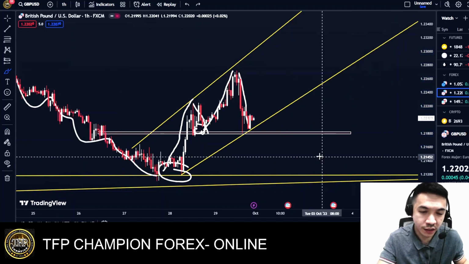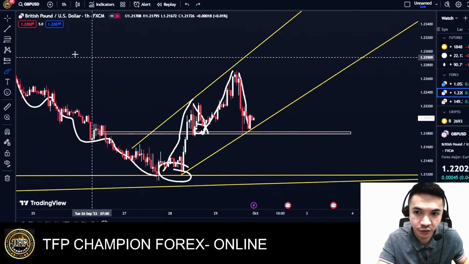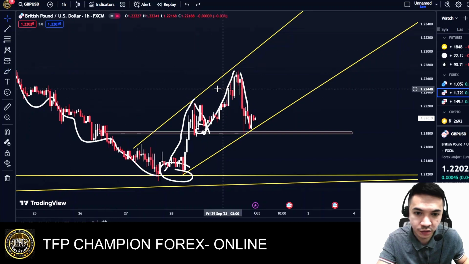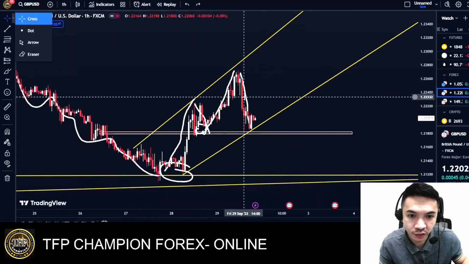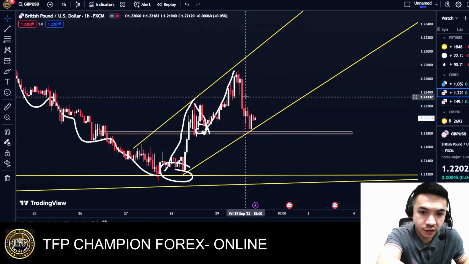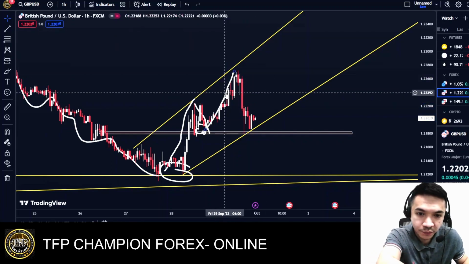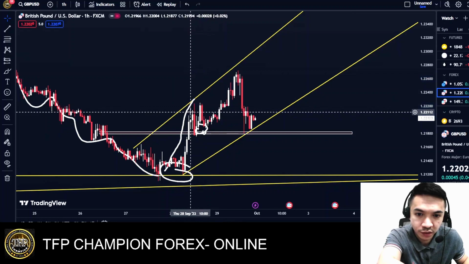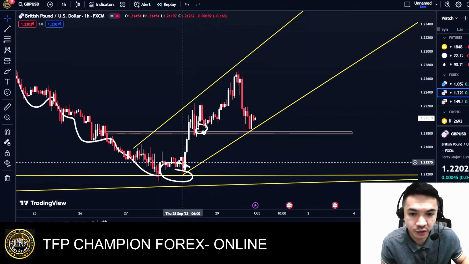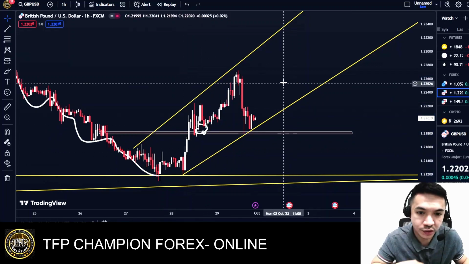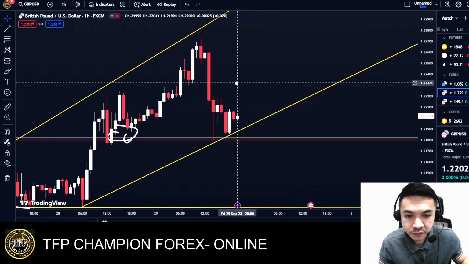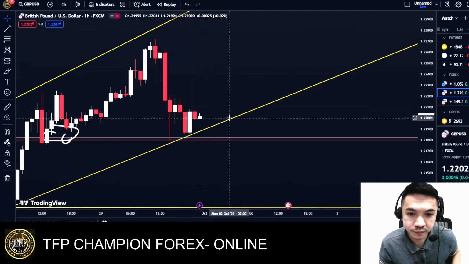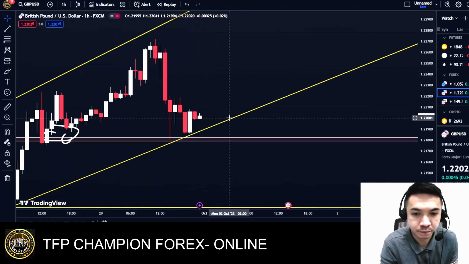So anong pwede natin? Now we analyze in the sense of knowing your candlestick pattern. Ano ba yung pinapakita ng candlestick ngayon? Ano bang signs? Is it going up or going down? Is it a momentum of bullish or bearish? Kung makita nyo, there's no sign of bullish or what.